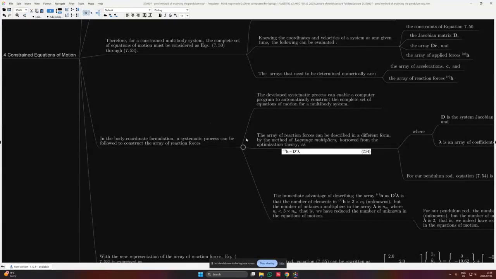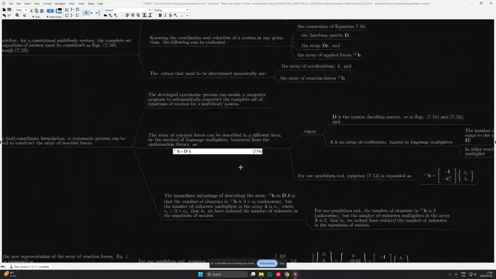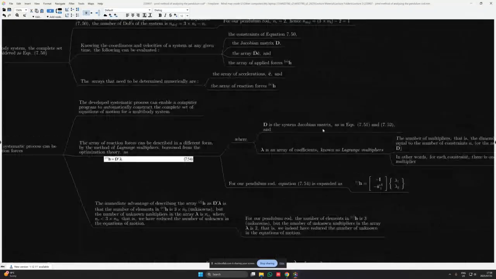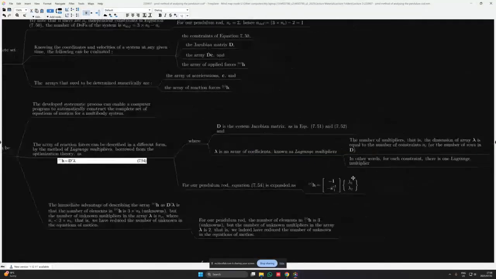Now, the array of reaction forces can be described in a different form by the method of Lagrange multipliers, borrowed from optimization theory, as the reaction forces being equal to D prime multiplied by lambda, which is the Lagrange vector. So D is the system Jacobian matrix. Lambda is an array of coefficients known as Lagrange multipliers.